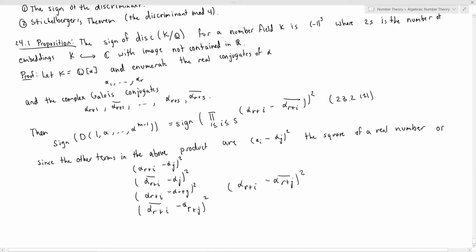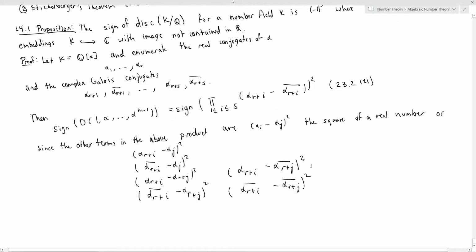Basically the bars could be on the other side here. Alpha_{r+i} bar minus alpha_{r+j} bar squared. And these all come in complex conjugate pairs.